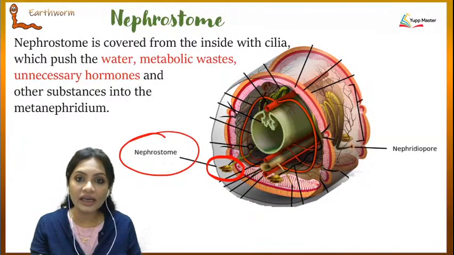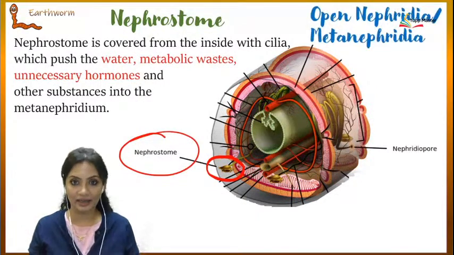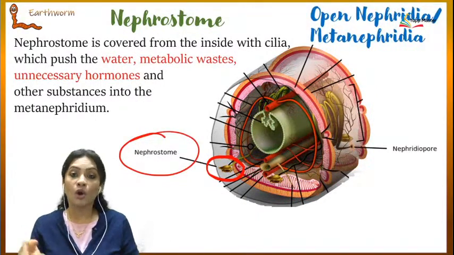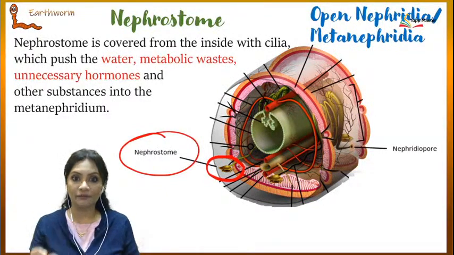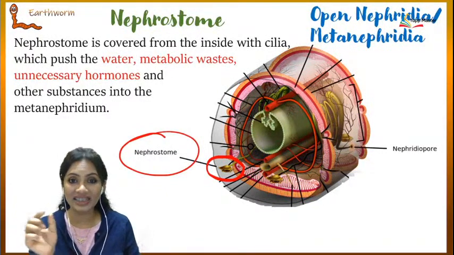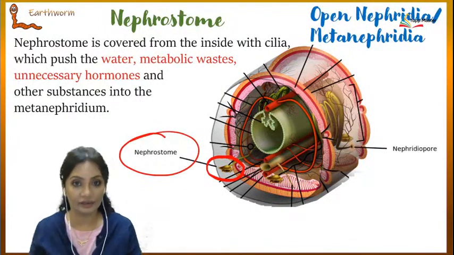So the nephridia which have the nephrostome are called open nephridia, or you may call these metanephridia.